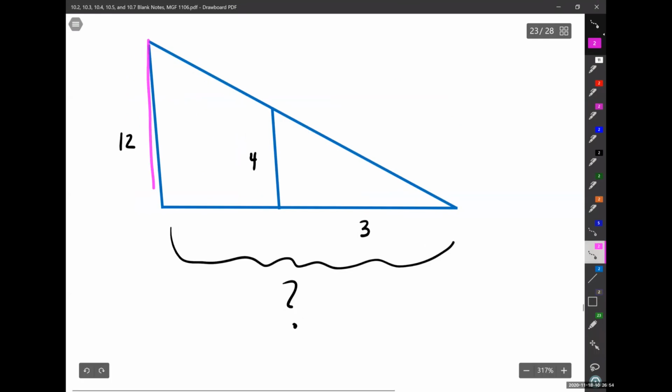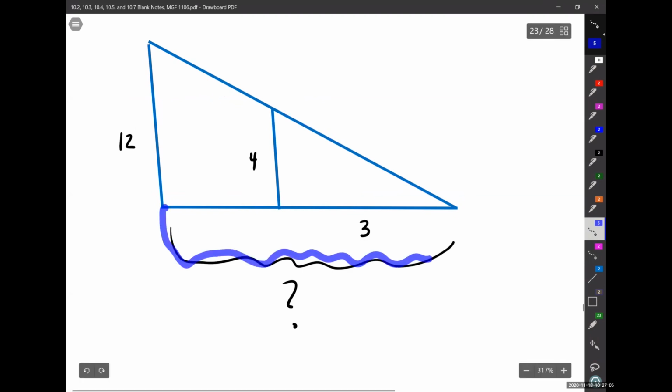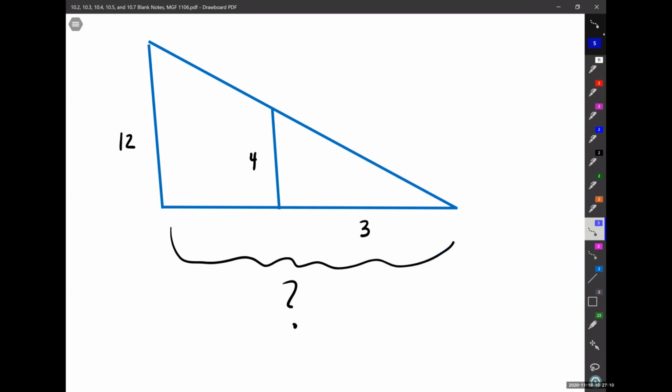So see that you've got the bigger triangle and you have the smaller triangle. And then you want to figure out what's the side length of the bigger triangle. So I'll give everybody time to think about that. Remember, similar triangles are proportional in their side lengths.